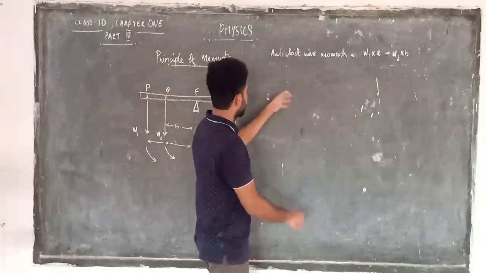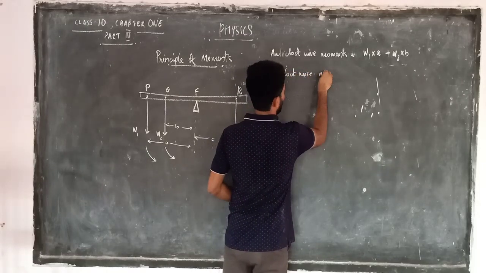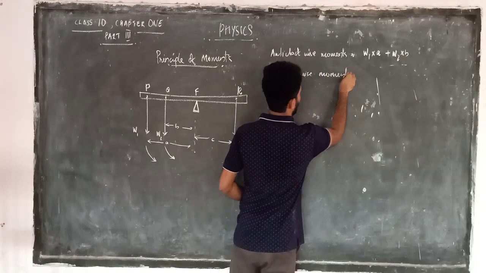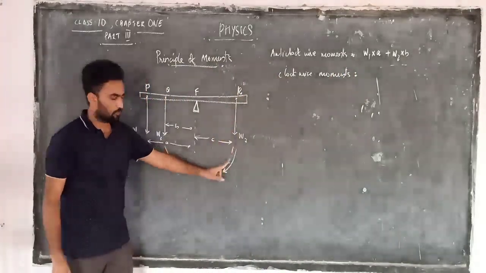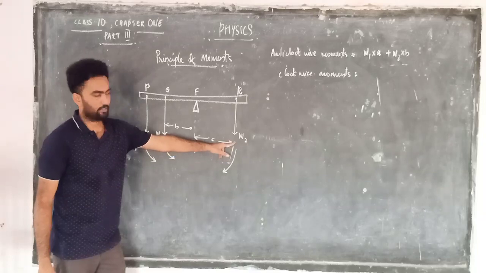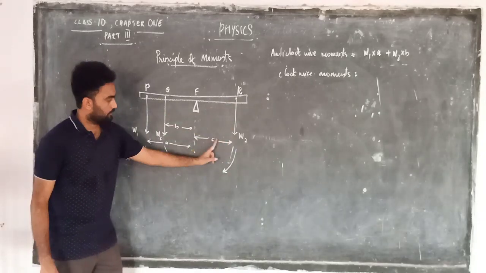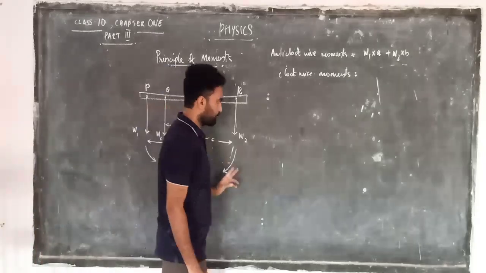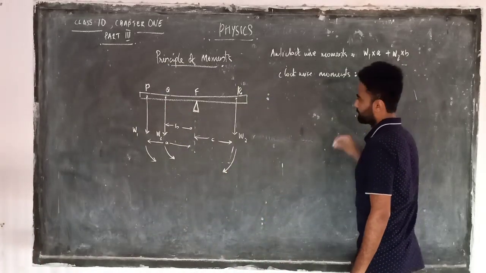Now, for the clockwise moments, what about the clockwise moment taking place on this one? Only one clockwise moment is there, that is W3, the weight acting on the point R, which is making a clockwise moment, and the perpendicular distance is C. So it will be W3 into C.